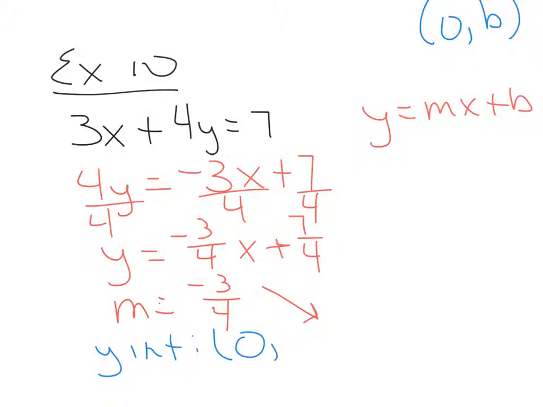It has a 0 for x, and the y-coordinate you can see down here is 7/4. Again, if you're in my class and you express this y-intercept as 7/4, I will mark it wrong. The y-intercept is a point. It's an ordered pair. It has 2 coordinates, so make sure you're expressing your intercepts with both coordinates.